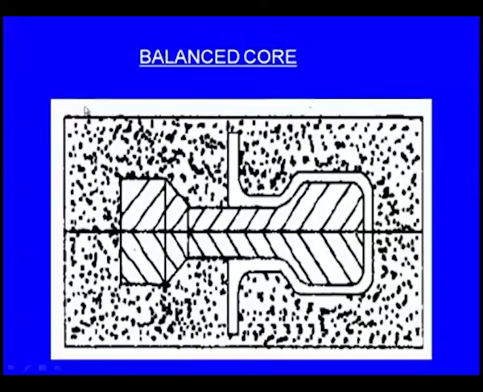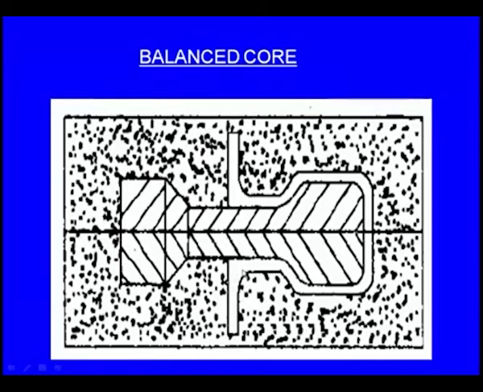This is a balanced core. This is the mold, this is the drag and this is the cope. You can see here this is the mold cavity, and the molten metal flows around here, but how is the core supported? It is supported like this. So, it is a balanced core.